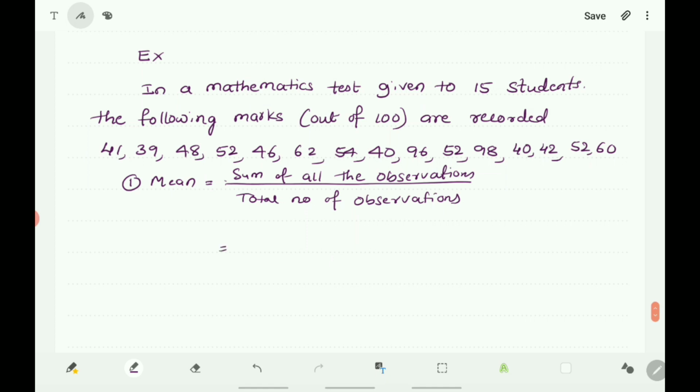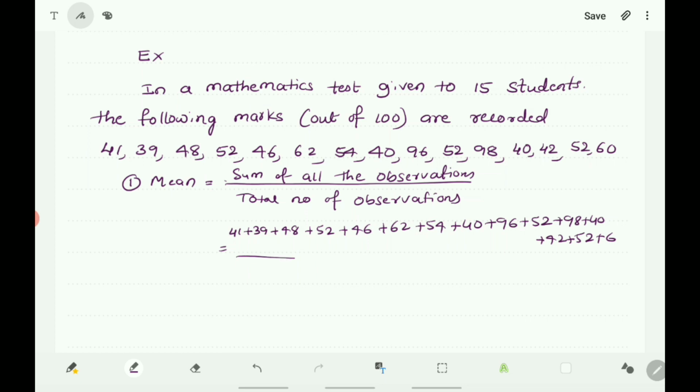Here, sum of all observations means you must add all the scores, that is 41 plus 39 plus 48 plus 52 plus 46 plus 62 plus 54 plus 40 plus 96 plus 52 plus 98 plus 40 plus 42 plus 52 plus 60, and that divided by how many scores are there? That is nothing but the total number of observations here.